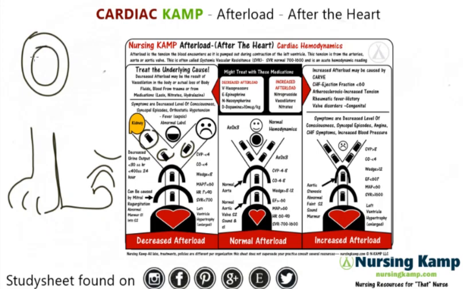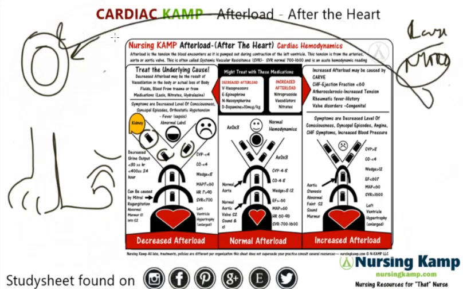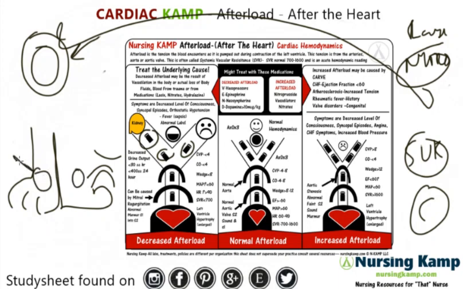Again, the same medications that we treat preload, like Lasix and nitro, can also affect vasodilation. But more importantly, we're talking about systemic vascular resistance. So that equals the tension out in the peripheral system.